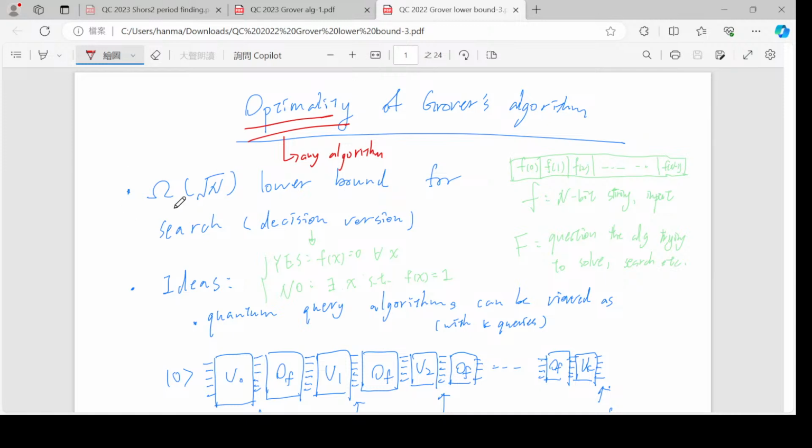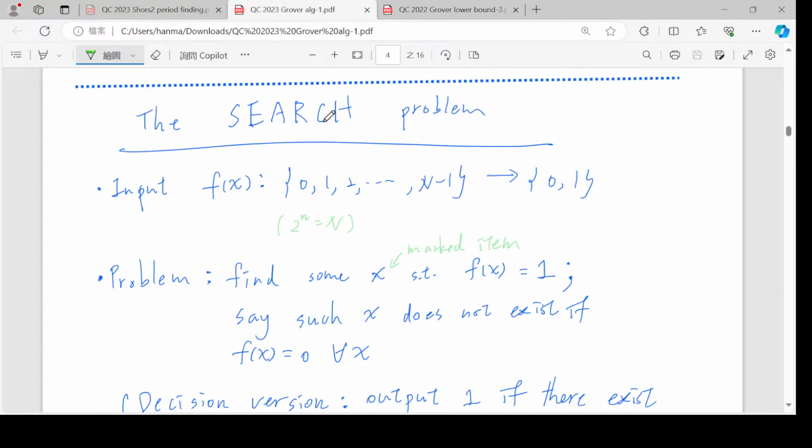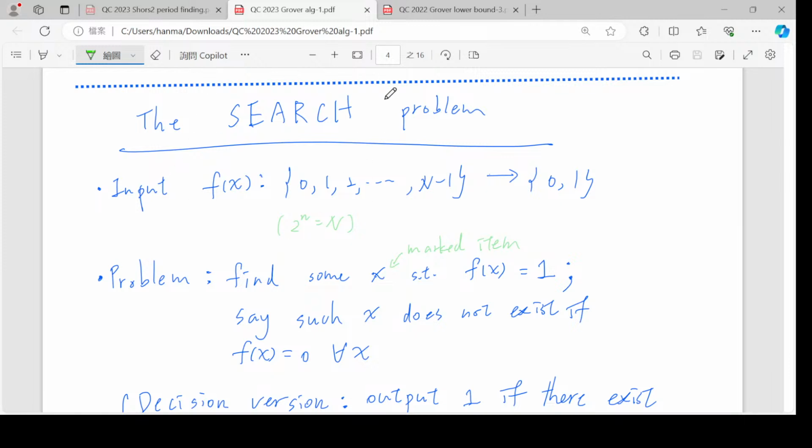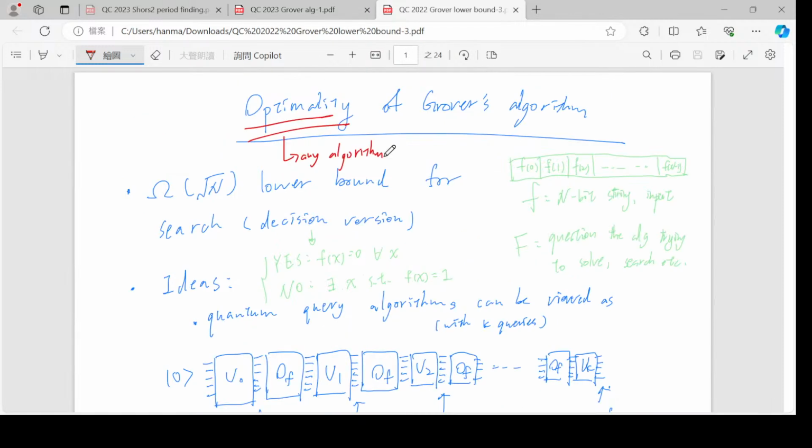So we'll have an omega square root n lower bound for any algorithm that solving the search problem. This is actually a query lower bound, which in turn will also be a time lower bound. So we are lower bounding the query complexity of solving the search problem: any quantum algorithm solving it must use omega square root n queries.